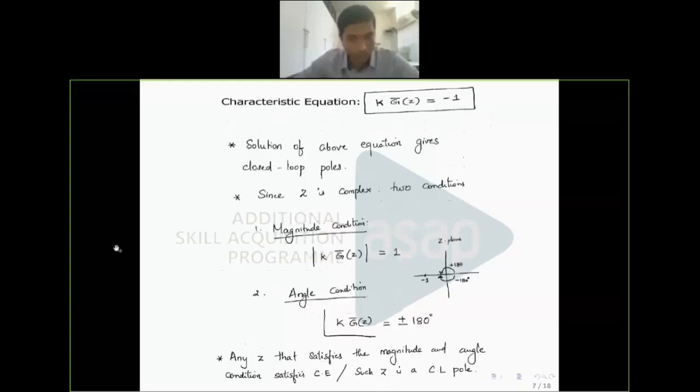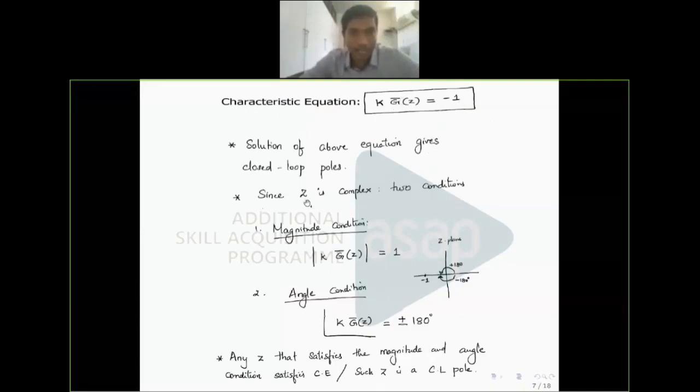The characteristic equation, as I already mentioned, is kg bar equal to minus 1. Remember that it's not the characteristic equation of the open loop transfer function, it is the characteristic equation of the closed loop transfer function, and hence the solution of this characteristic equation gives the closed loop poles.